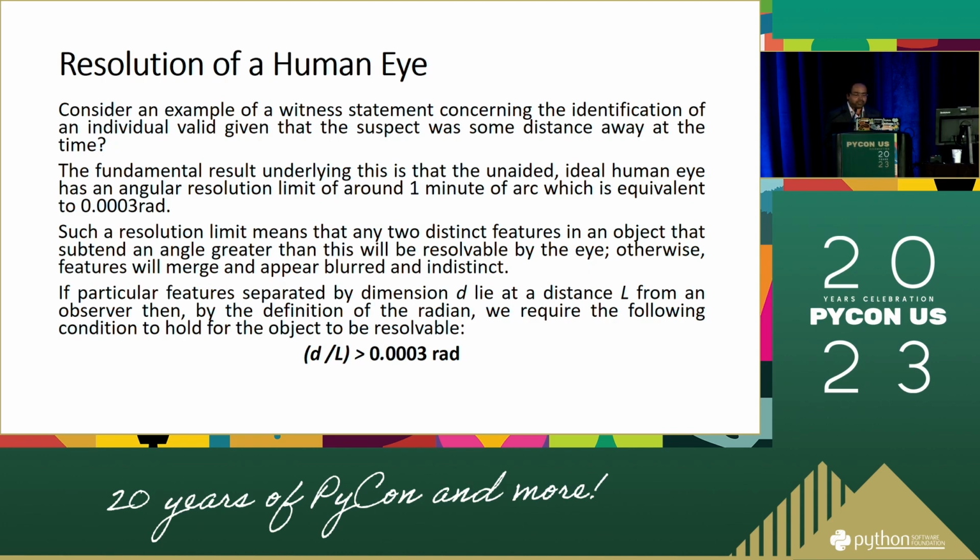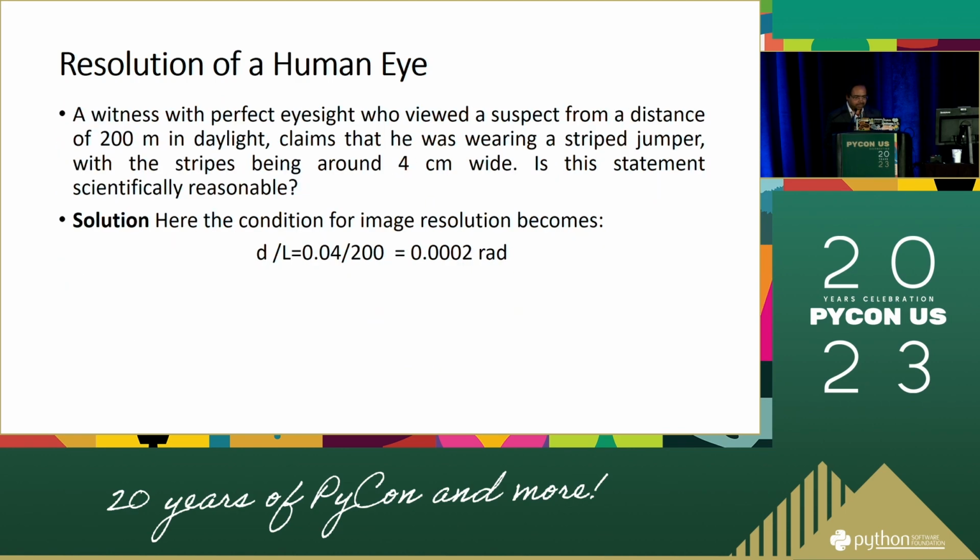So if particular features separated by a dimension d lie at a distance L from an observer, then by the definition of the radian we require the following condition to hold for the object to be resolvable: d by L should be greater than 0.0003 radians.